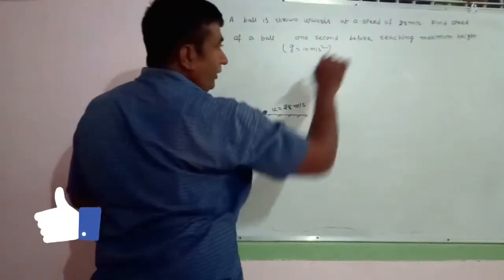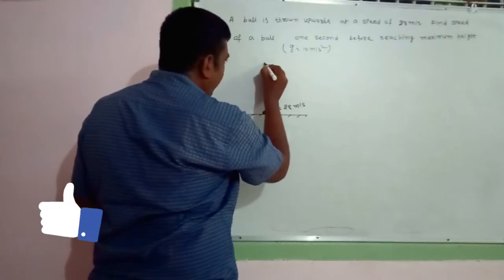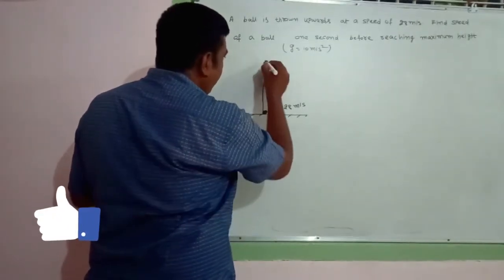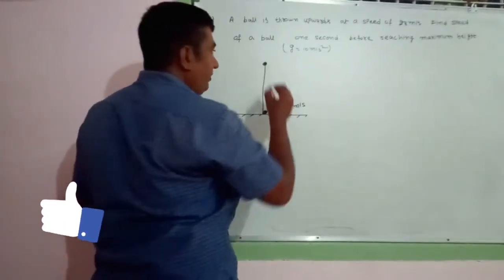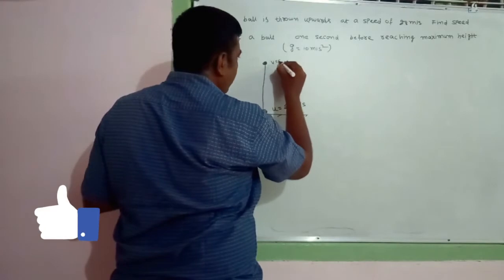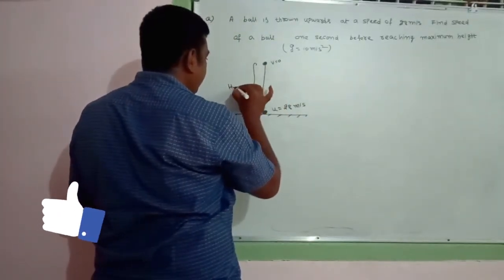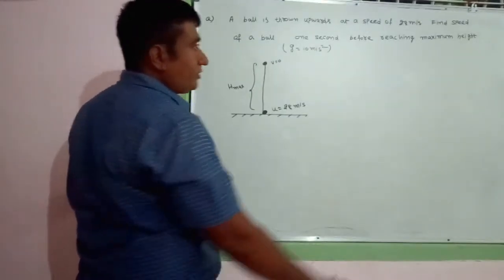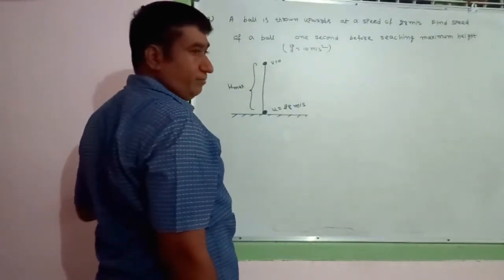So in order to reach its maximum height, what will happen at maximum height? We have already discussed that at maximum height its velocity will be equal to 0. V equals 0, and we can call that H maximum. But what they asked is to find the speed of the ball 1 second before reaching maximum height.